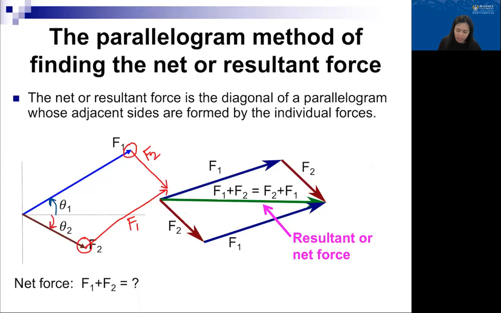My drawing's not so good here, so just look at this drawing, but connecting the tails of all the forces with the heads of all the forces will give you the net force. We learned this method last time, but it's a little bit tedious. You have to measure the exact lengths of your forces to get the exact size of your net force.